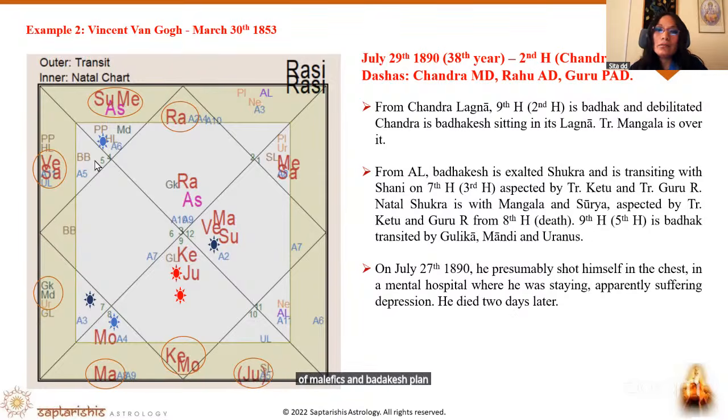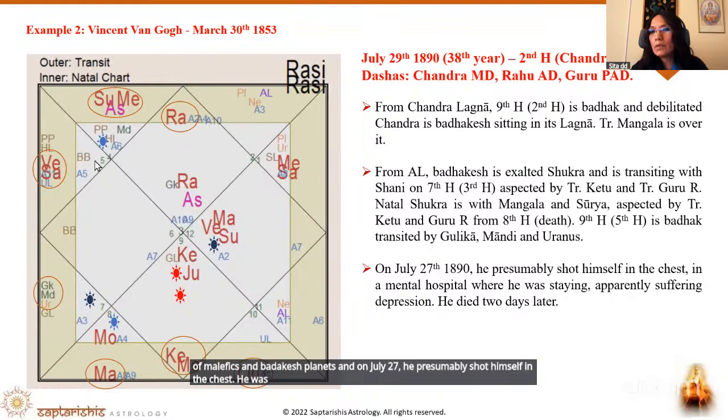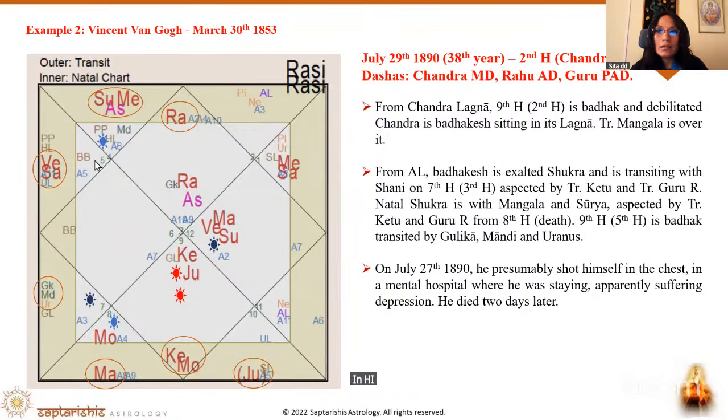And on July 27th, he presumably shot himself in the chest. He was in a mental hospital, interned, because he was suffering depression and some mental disturbance. And he passed away on the date that we are seeing the transits. This is the day of his passing.